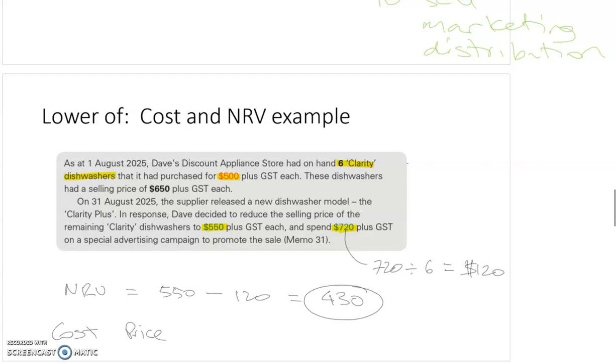Cost price equals 500. So our rule states we have to value our inventory at the lower of these two. So our 430, our net realizable value, is how we must value this inventory now.